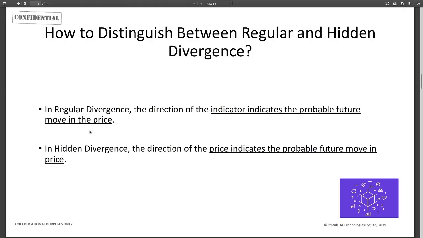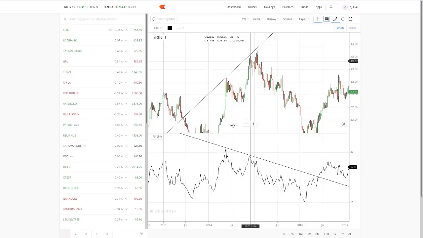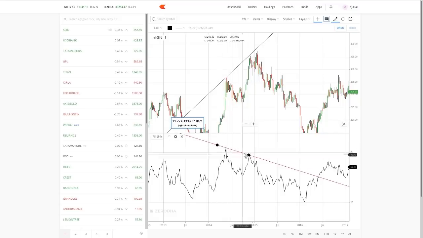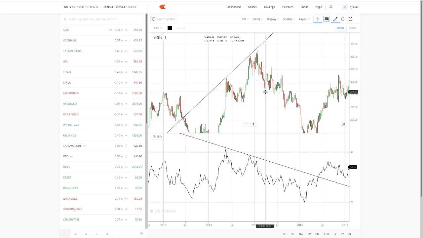So I have underlined the point here, which is very simple. In regular divergence, the indicator indicates the probable future of the move in price. So remember this here. This is a regular divergence, and here the indicator is showcasing a downward trend because it formed a lower high, indicating that a bearish trend might start.